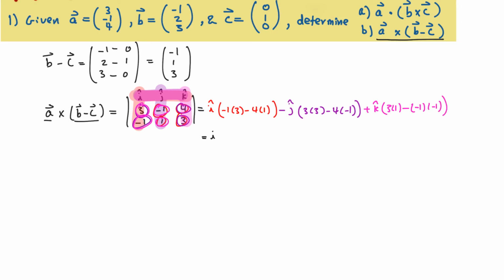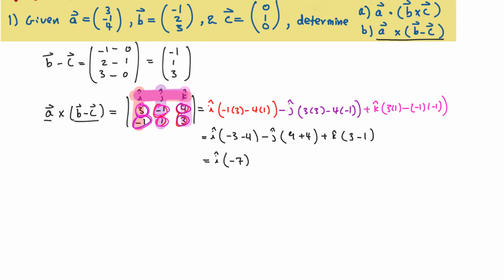This simplifies to I. We got negative 3 minus 4, minus j, 3 times 3 is 9, negative 4 times negative 1 is plus 4. And we have k, and we have 3 minus negative 1 times negative 1, which is 1. So our component for x is going to be negative 7.